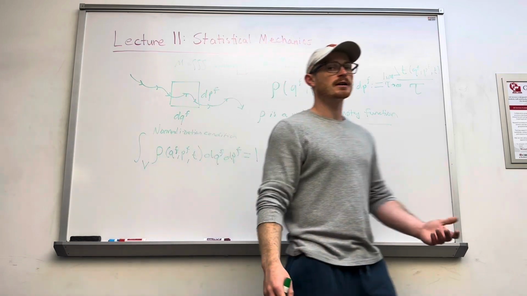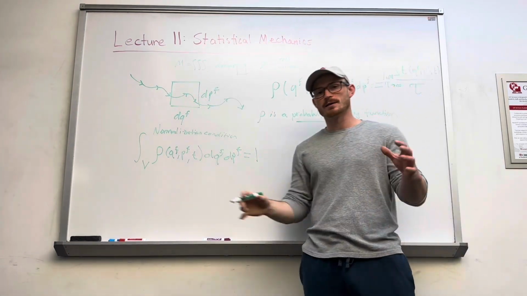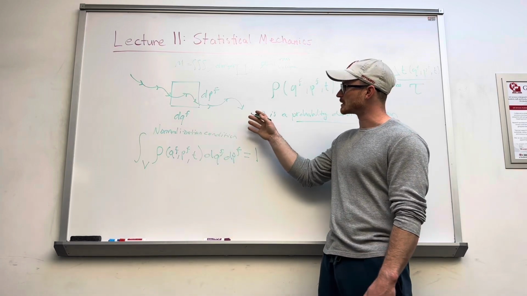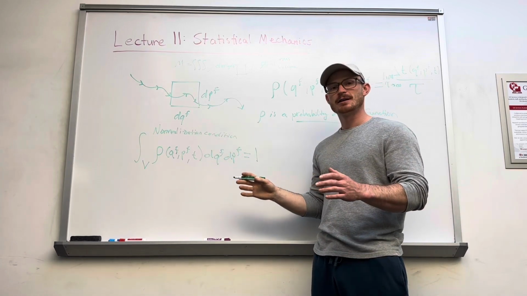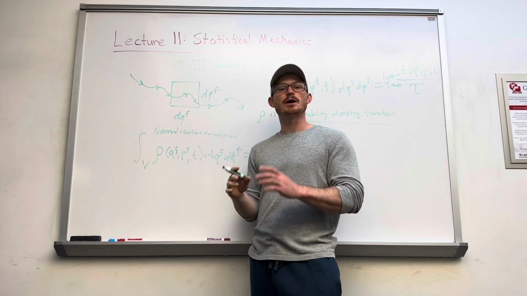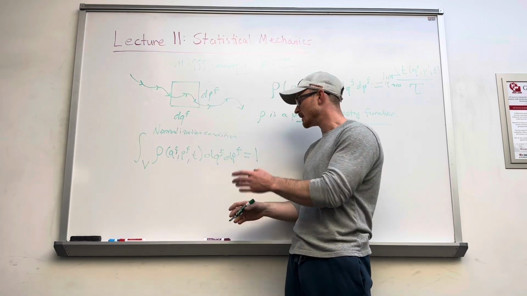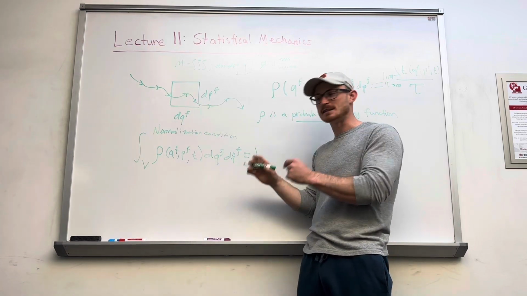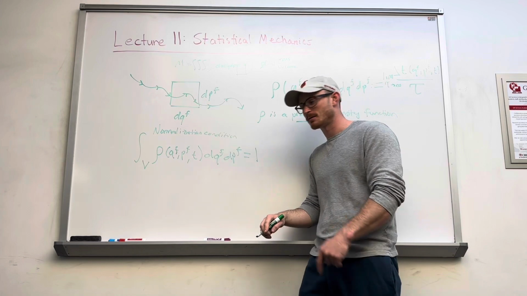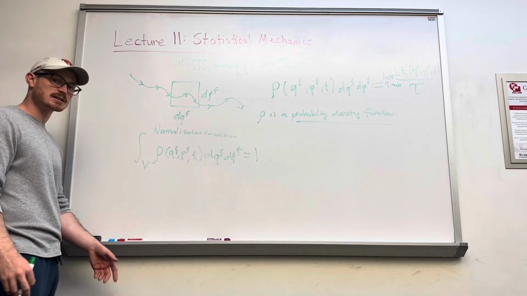Well, intuitively, the system could be anywhere in the space, and since we're integrating over the entire space, we are essentially saying that the probability the particle is at least somewhere is 1, or 100%. It's definitely in the space. A way to think about that with an example is imagine you have a 6-sided die.